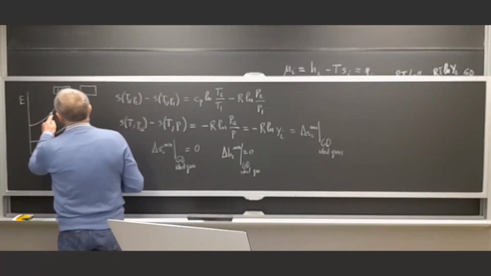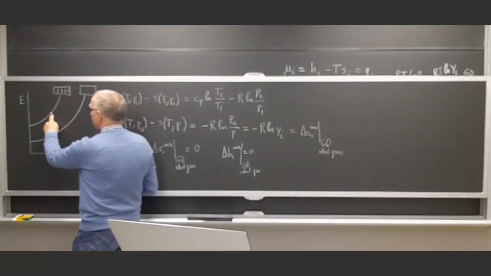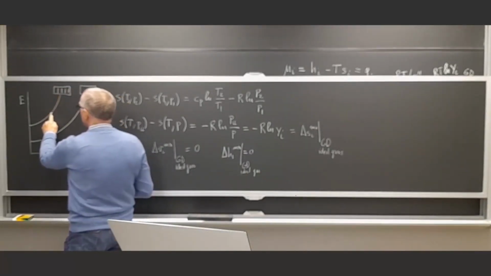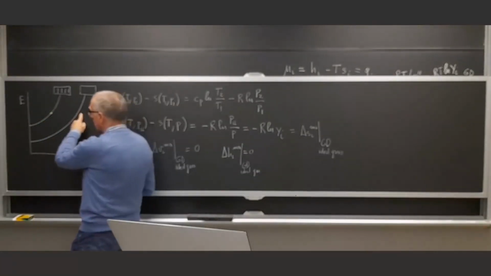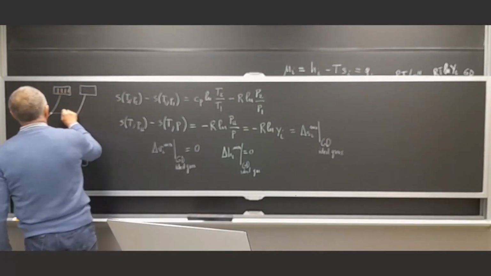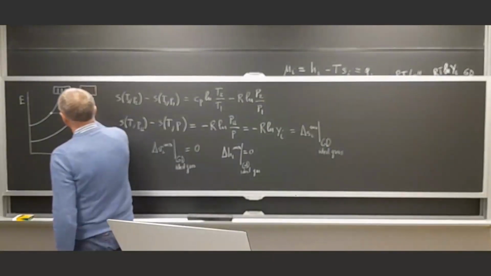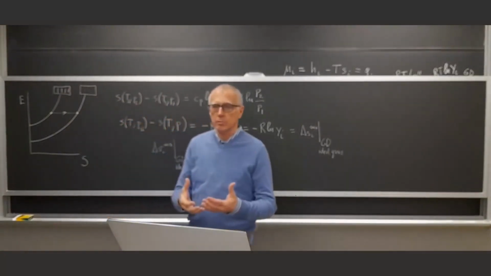And the moment I have removed the partitions and the properties haven't changed, this state here, which was a stable equilibrium state with the partitions, becomes a non-equilibrium state with respect to the system without partitions. And the system will tend to evolve spontaneously towards a new equilibrium, which is going to be the mixture.